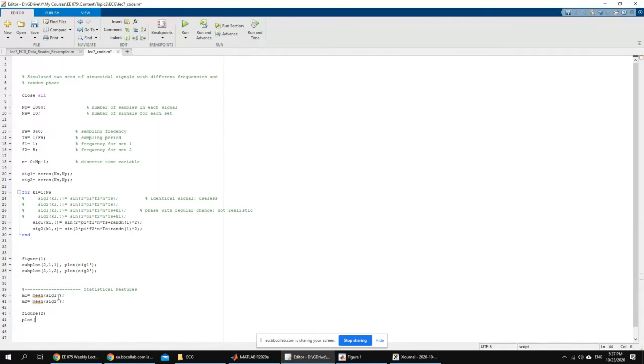So I'm going to have plots. Maybe I can just do it this way. M1, maybe I can have it like XB, X meaning that it's going to be drawn in X's, and B is going to be blue, mean 2 maybe O, R, like it's going to be circles and red.